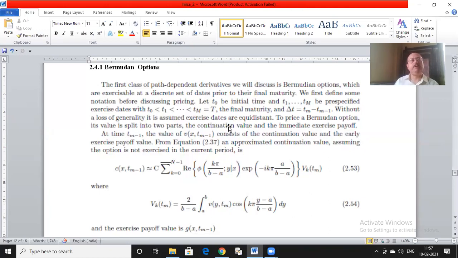One is the continuation value, which is the value that I expect to get if I continue, which is an expectation. And the other part is the value if I exercise right now, the immediate exercise payoff. So either I have a continuation value carrying on, or I have an immediate exercise payoff exiting right now. These are the two possibilities at each of these time points, T1, T2 up to T capital M minus 1.